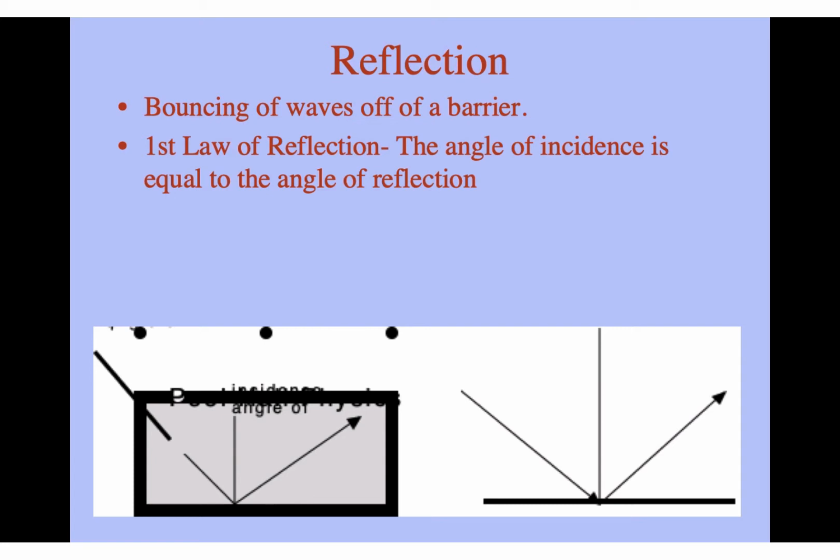The air is a different density than the air above it because it's warm, so it's spread out, right? Hot air expands. And so when that light strikes that, it bounces off, and it gives you that illusion that it's bouncing off of something that's floating above the road. It's called a mirage. It makes it look like it's water on the road.